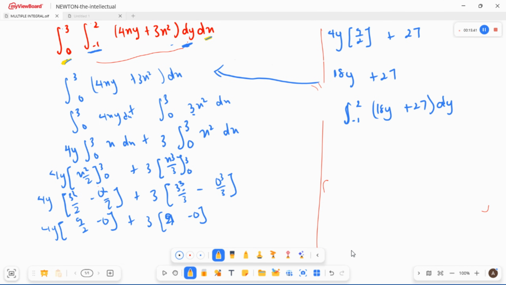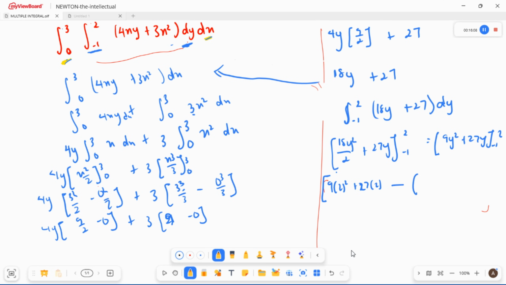We're going to be having 18y squared over 2 plus 27y from -1 to 2, which gives us 9y squared plus 27y from -1 to 2. Then we input our values. We have 9 times 2 squared plus 27 multiplied by 2, then minus 9 times -1 squared plus 27 times -1.